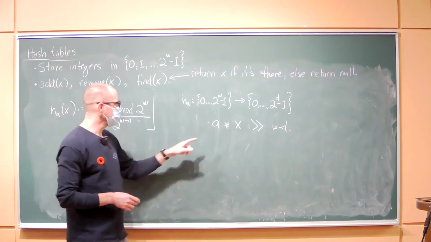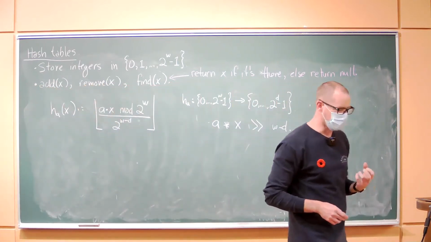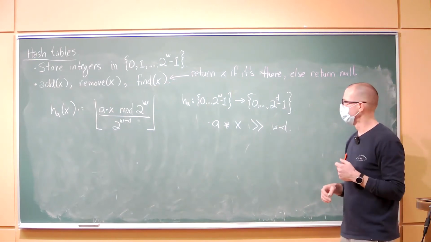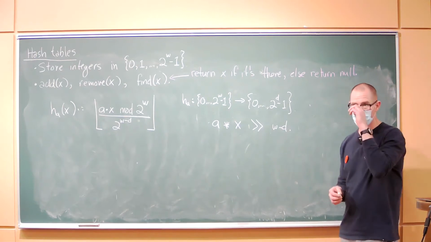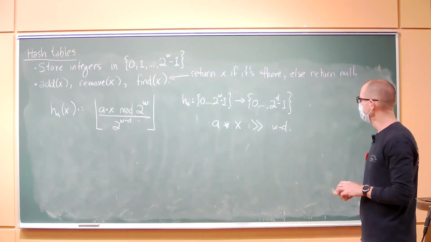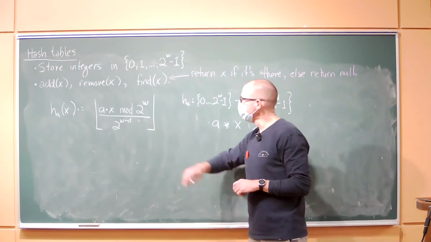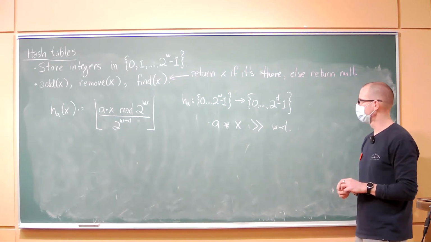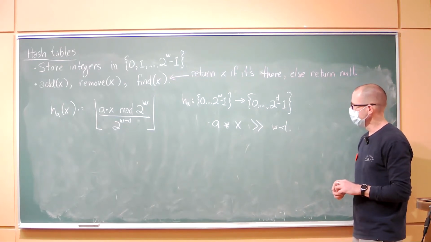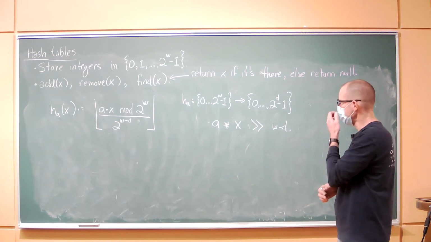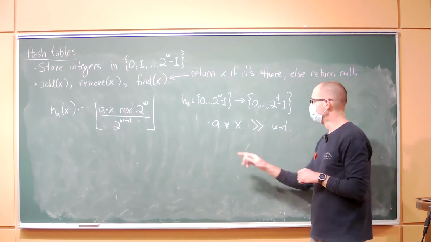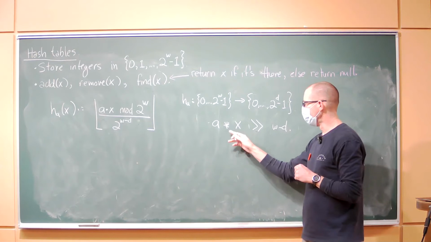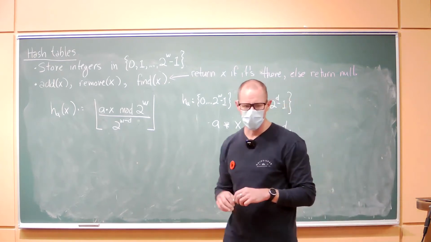Well, we don't need to do it because by default, integer arithmetic is done modulo 2 to the word size on just about every computer that I know of. So that happens for free, and division by a power of 2 is just a right shift operation. So this is a really short thing. Neither part is expensive. Right shift is really trivial. Multiplication is slightly more complicated, but both of these are extremely fast on modern processors.